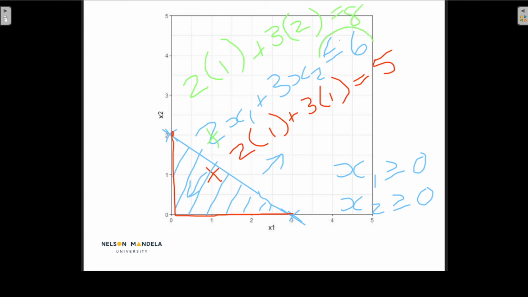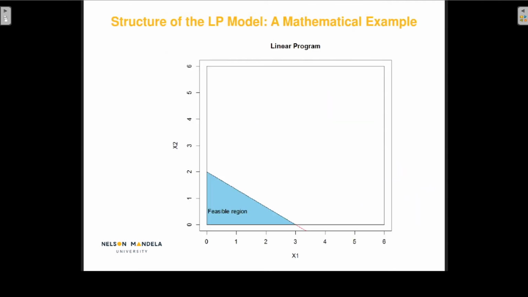It does not satisfy this condition, so we know that the inequality does not represent the area above the line. This area we will call the feasible region. The solution for x1 and x2, our decision variables, must fall within this feasible region.